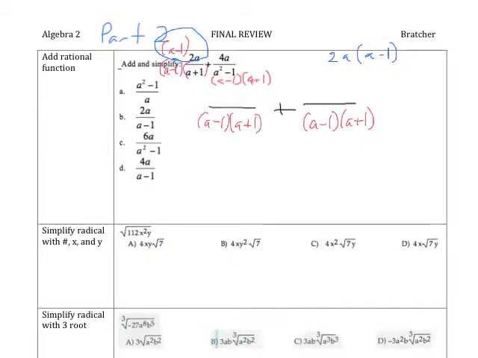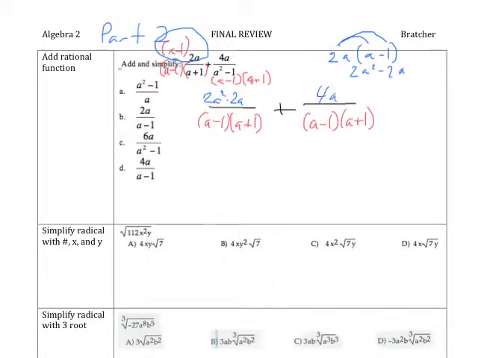I can do a little distributive property there. That gives me 2a squared minus 2a, and that's what I'm going to put over here. Furthermore, on the right-hand side, this one already had the common denominator, so I don't have to touch the numerator, 4a. I'm just going to copy that down.